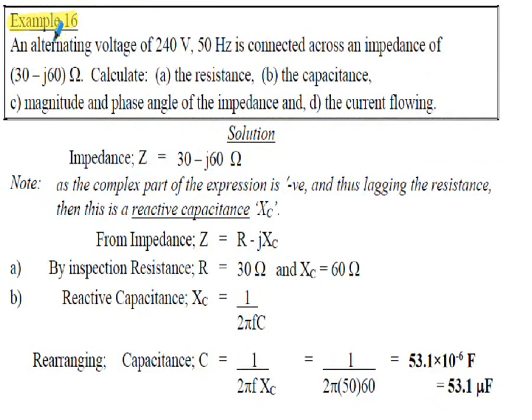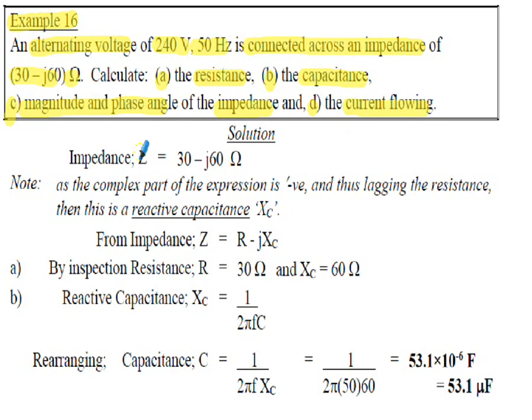Example 16. An alternating voltage, 240 volts and 50 Hz, is connected across an impedance of 30 minus J60 ohms. We're asked to calculate part A, the resistance, part B, the capacitance, part C, the magnitude and phase angle of the impedance, that's polar form, and part D, the current flowing in the circuit.